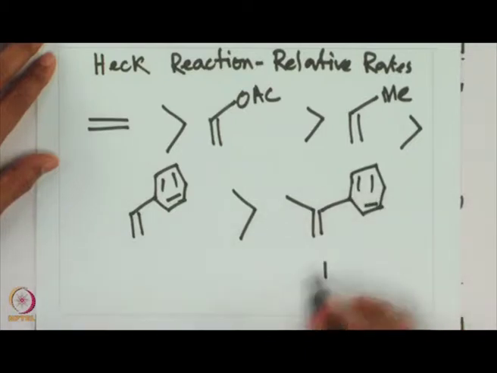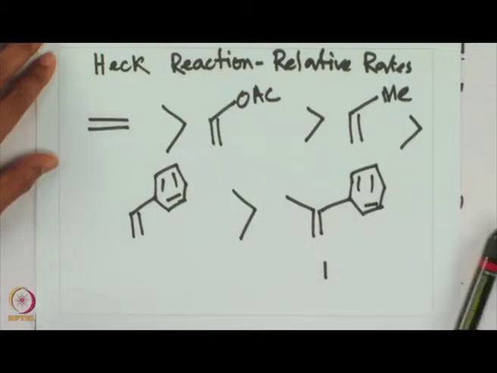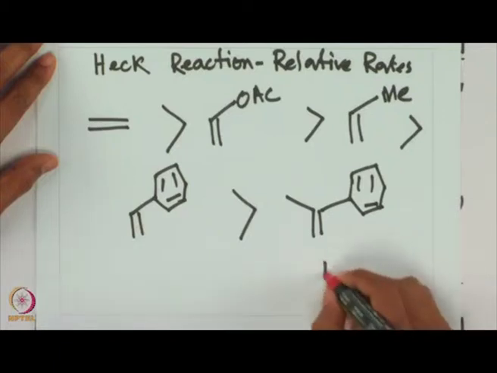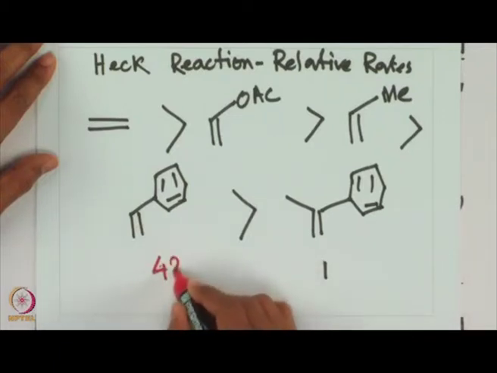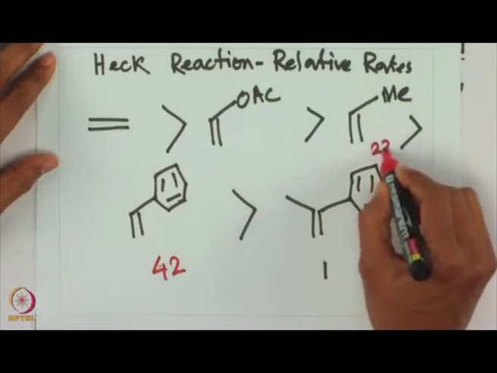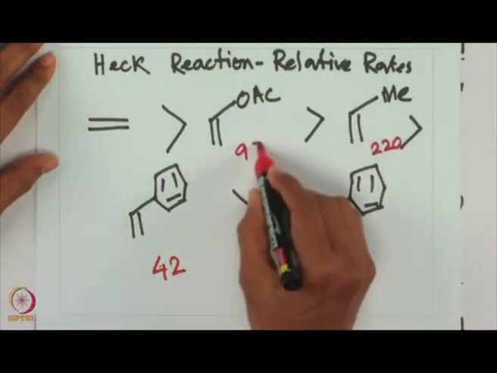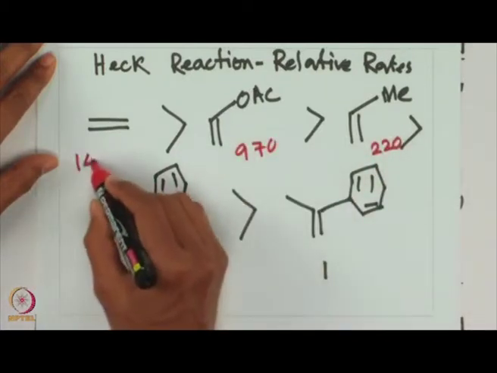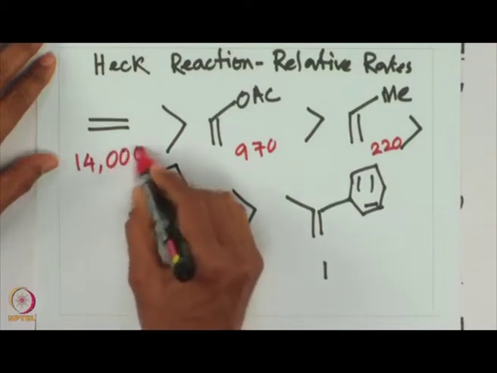The relative rate, if you are putting this to be 1, with respect to that, this is 42, this is 220, this is 970, and this is huge, 14,000.